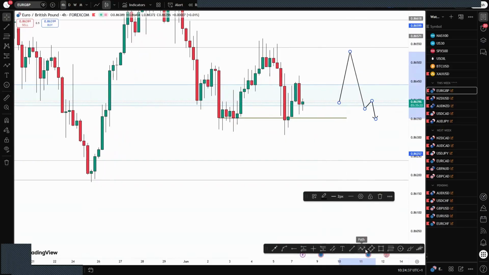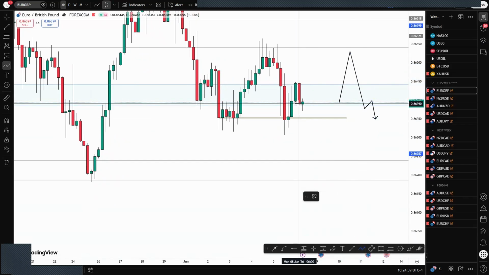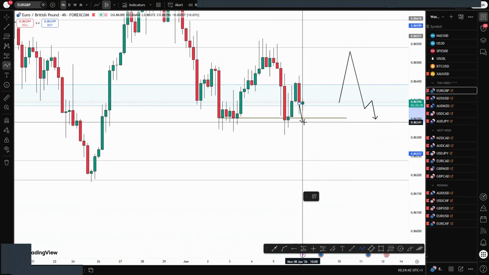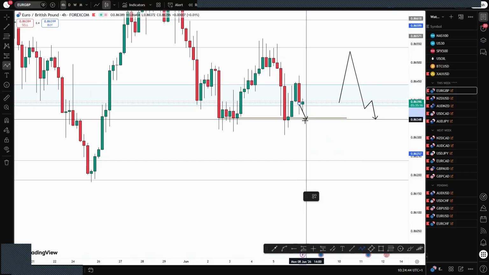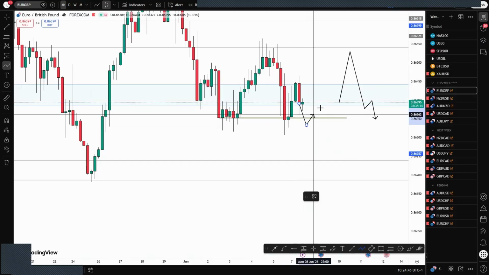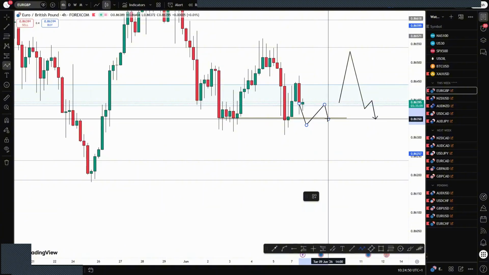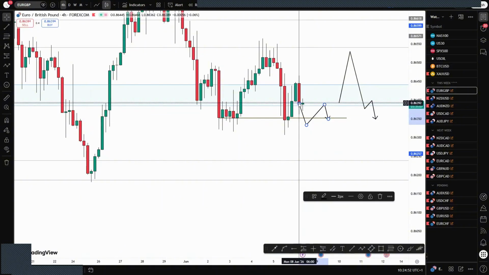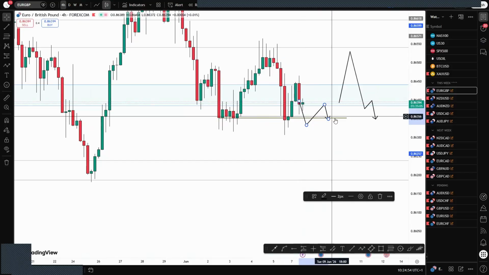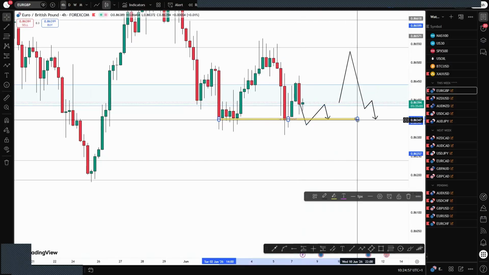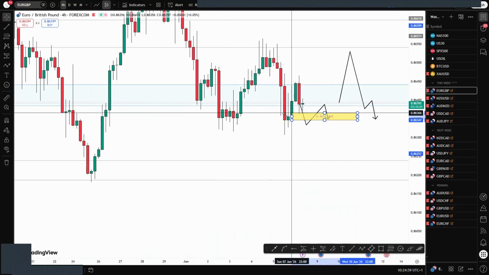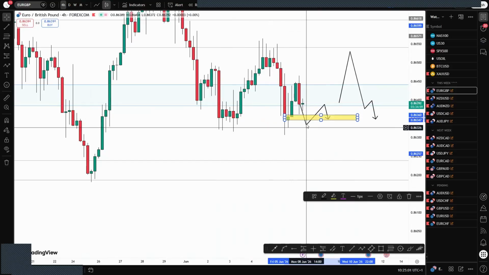Or if price decides to break below here, I need a level that will make me wait for a retest at that point and then sell. Okay? Because then the 4 hour will be bearish when it takes out this low.